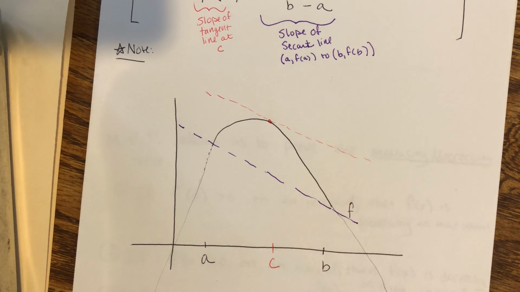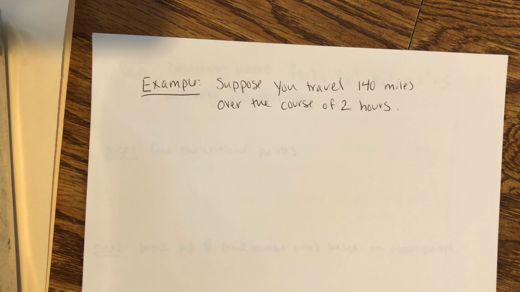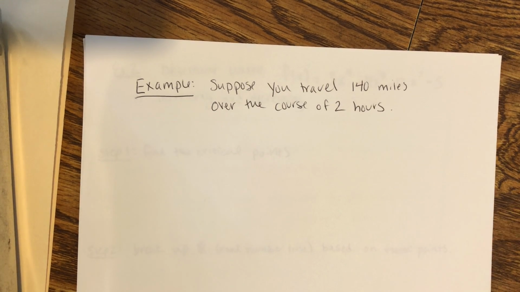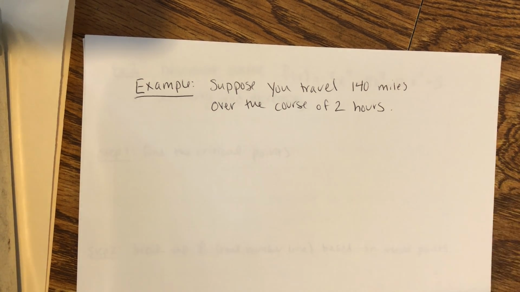Now, this is really kind of an obvious thing if you think about what this statement is actually saying. So I'm going to give you an example that goes back to our first example of how we talked about derivatives. So suppose that you traveled 140 miles over the course of 2 hours. Maybe you're on the Mass Pike and they clocked you at a particular point, and then 2 hours later they clocked you at the next checkpoint that's 140 miles away.